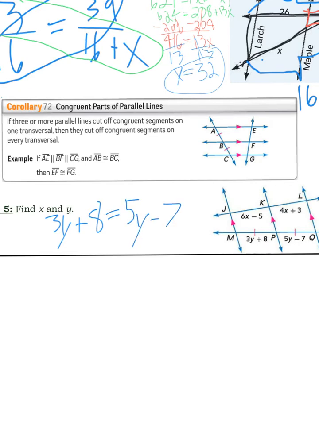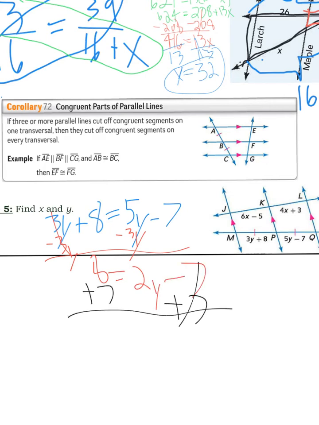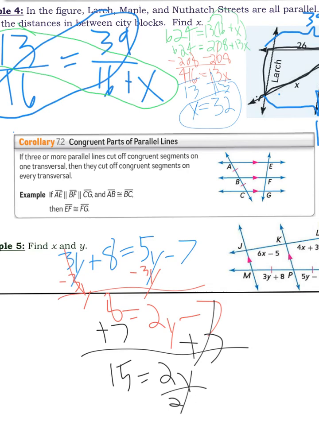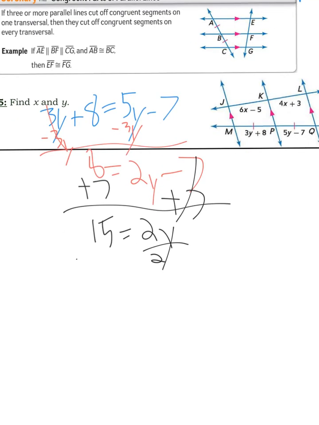Okay, and so 3y is smaller than 5y, so I'm going to minus this over there. 8 equals 2y minus 7. So now I can add this 7 over there, and I get 15 equals 2y. When you divide out the 2, 15 cut in half is 7.5.